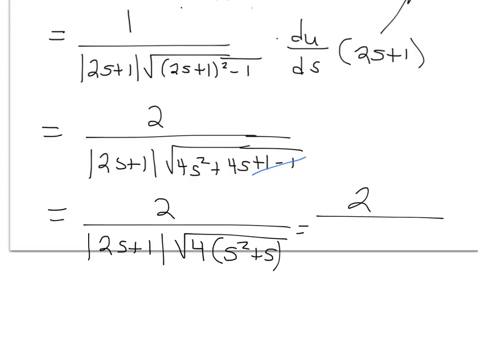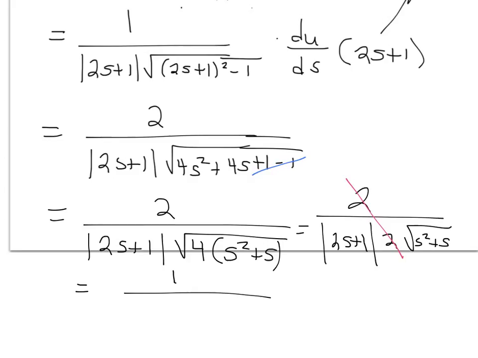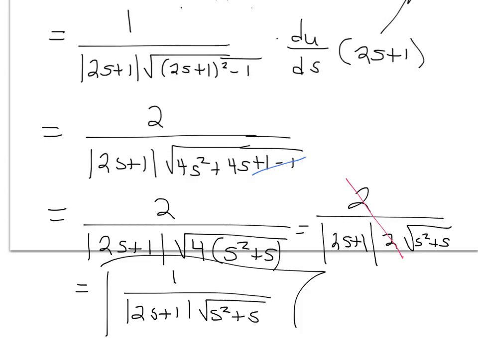And that allows me to take the square root of 4, which is 2, and this is all still under the square root. That cancels. And so I end up with my final answer of 1 over the absolute value of 2s plus 1 times the square root of s squared plus s. So that allows me to make it the way my math lab likes it.